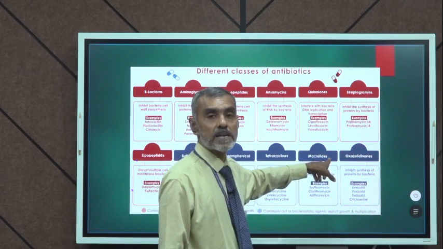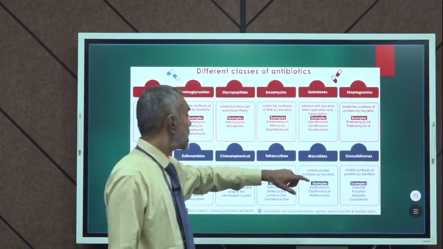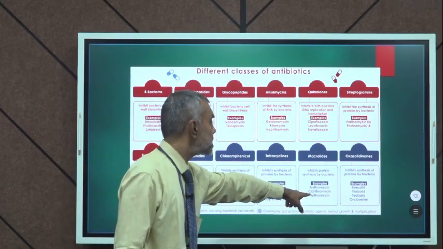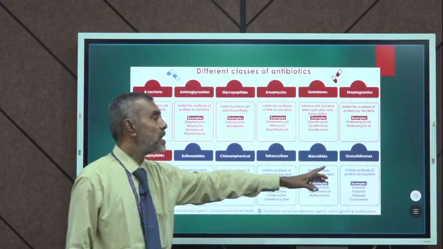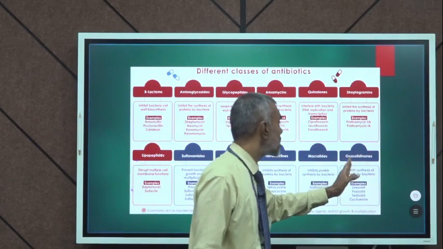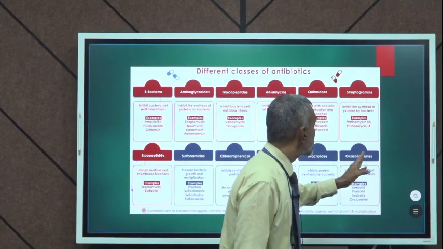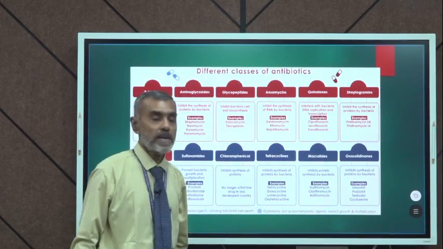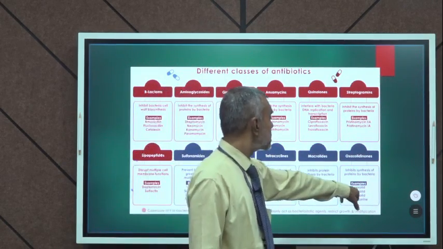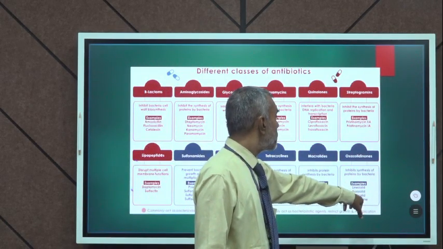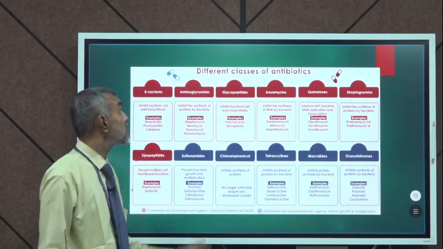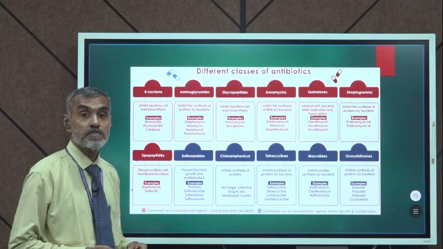The next category is macrolides, which inhibit the protein synthesis of bacteria: erythromycin, clarithromycin and azithromycin. And the last one is oxazolidinones, which inhibit the protein synthesis of the bacteria, for example linezolid and cycloserine. So, these are some of the examples and classes of antibiotics.